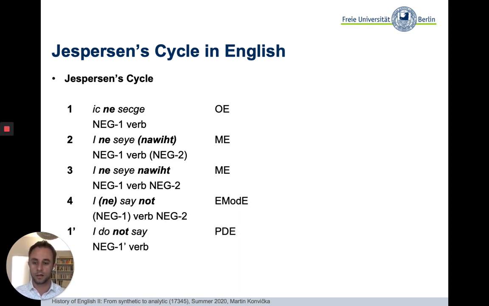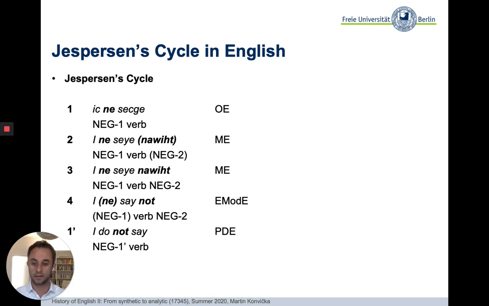Right. And then you arrive at the fifth stage, which is actually sort of the first one in a different form, where you only have one negator. I do not say.